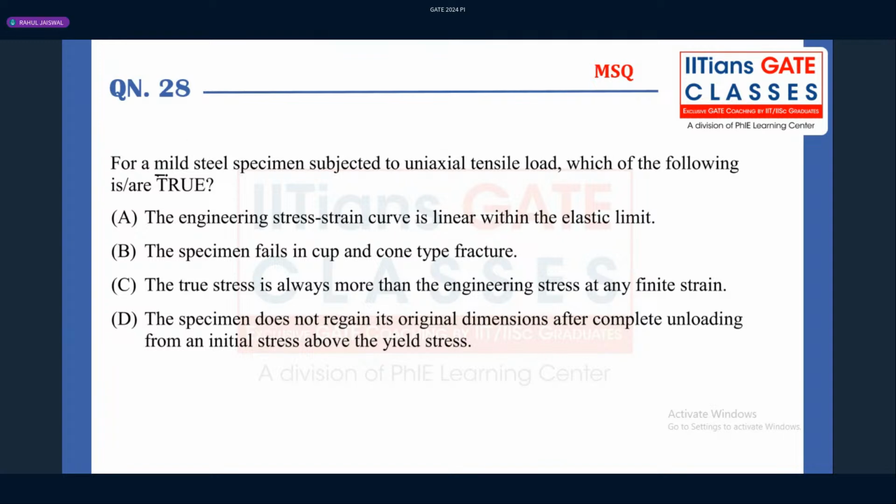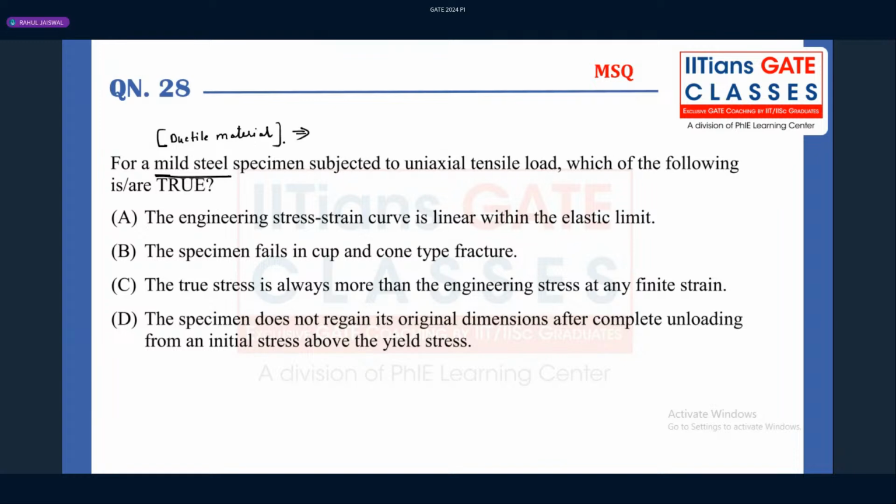So mild steel is basically what? Being a mechanical engineer, you should know every material, whether it is a ductile material or a brittle material. So mild steel is basically what, guys? It is a ductile material.